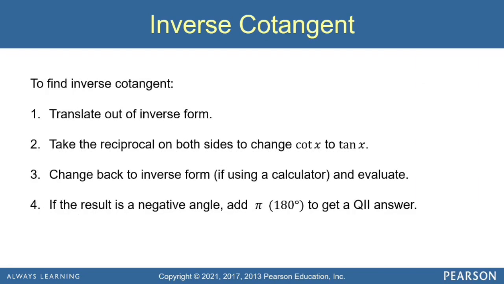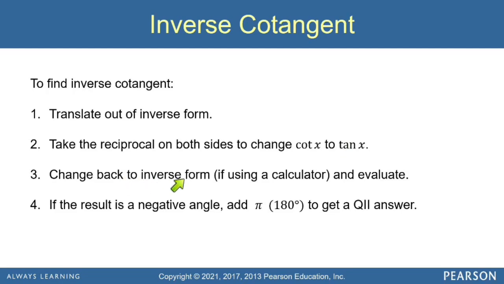So here are the steps for finding inverse cotangent, and these are the same steps that we use to find inverse secant and inverse cosecant, except we have the added step of changing a quadrant 4 answer to a quadrant 2 answer. So again, we will translate out of inverse form. We will take the reciprocal on both sides to change cotangent to tangent.